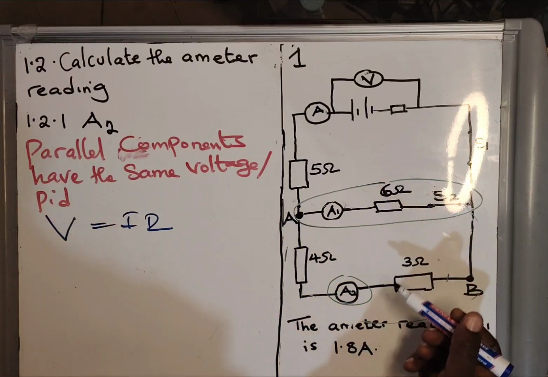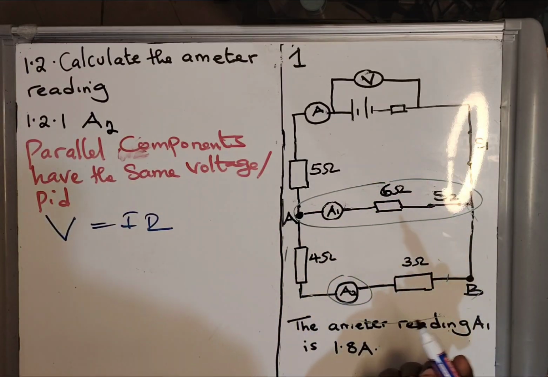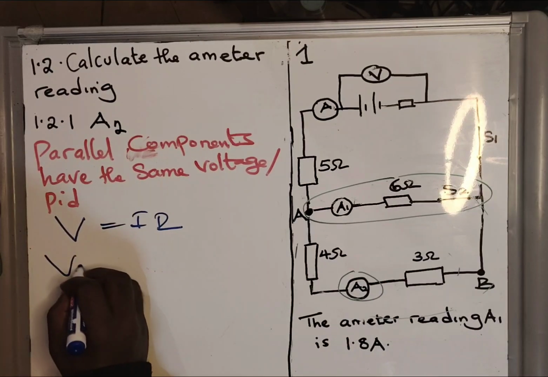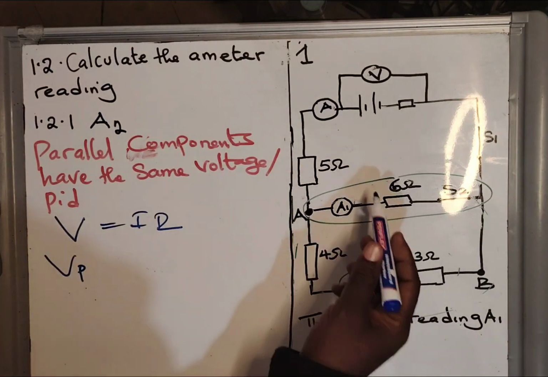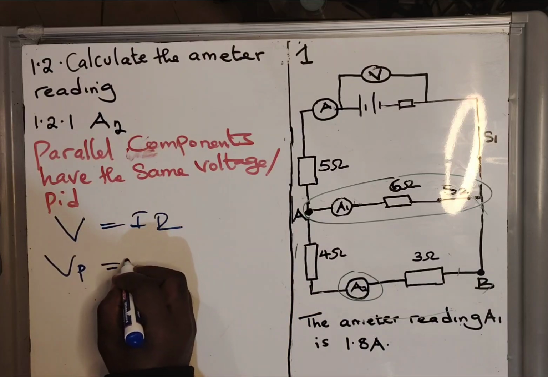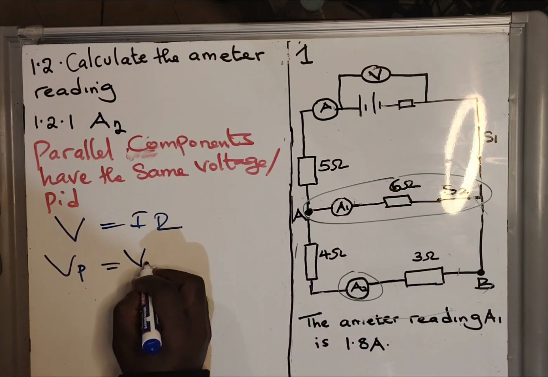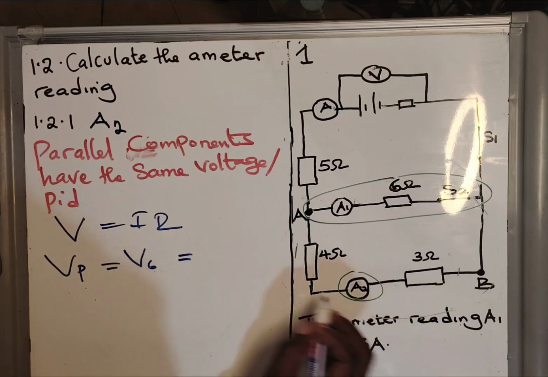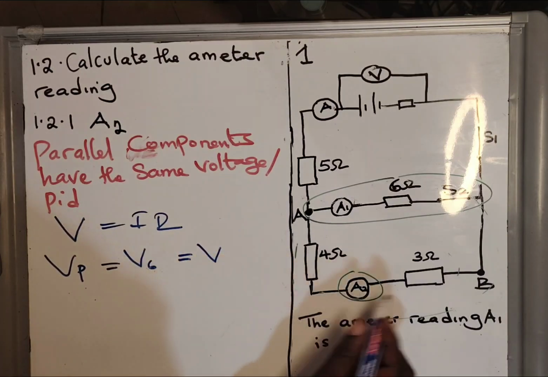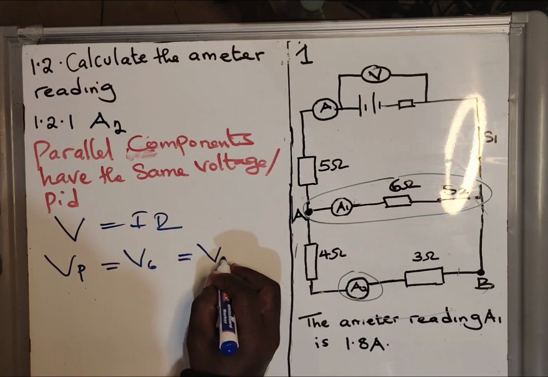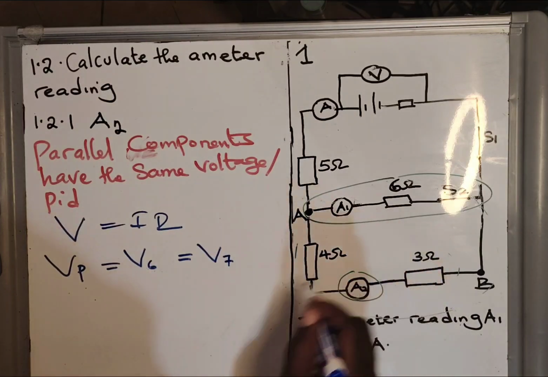So if this side and this side are equal, then we can say Vp, the potential difference across this parallel network, is equal to V across 6, which is also equal to V across 7, because we combine these two.